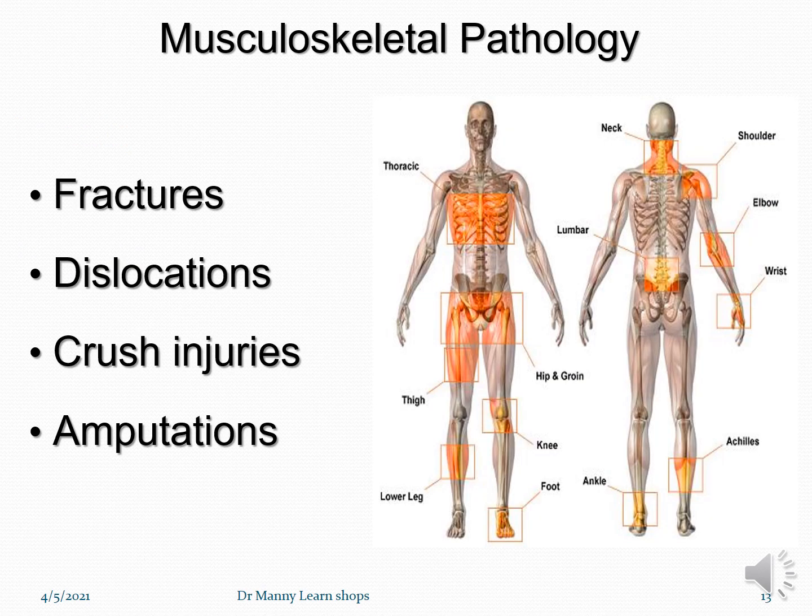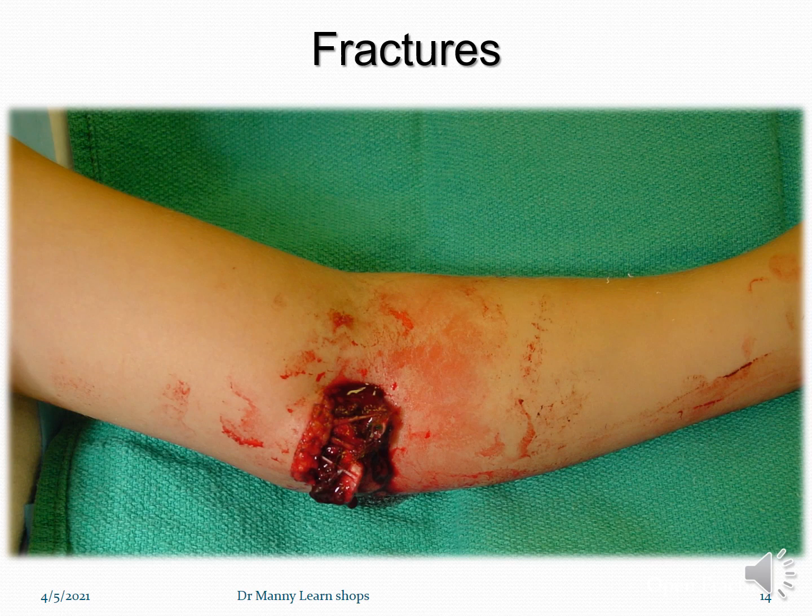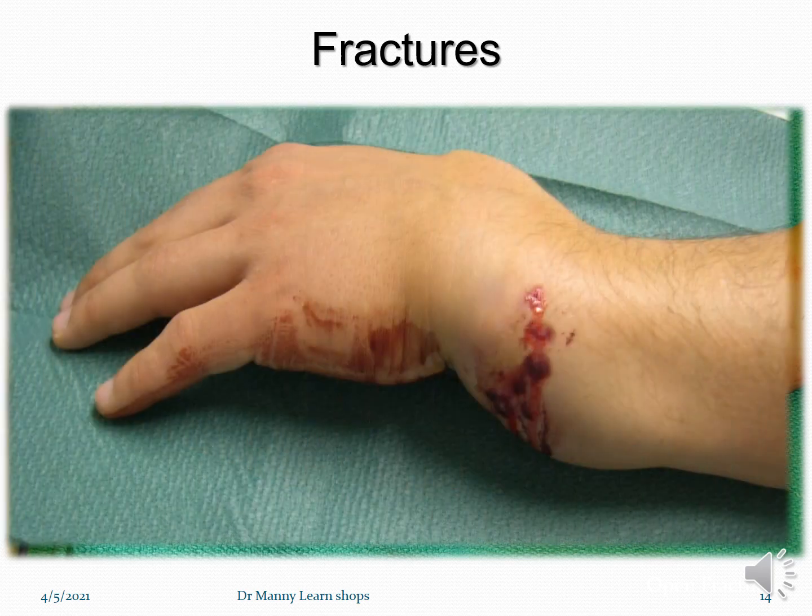What happens when things go wrong? In the musculoskeletal system, the selected pathology can be fractures, dislocations, crush injuries, and amputations. Fractures, breaks, broken bones. They can be open, as this one is, or they can be closed.